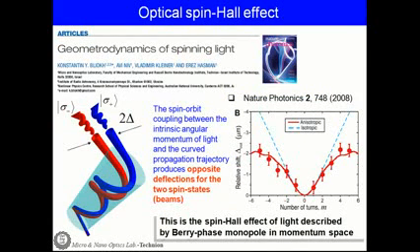We measured opposite deflection for the two spin states, and you can see here our measured relative shift as a function of number of turns, and there is a very good agreement with our prediction. This is the spin Hall effect of light described by a Berry phase monopole in momentum space.